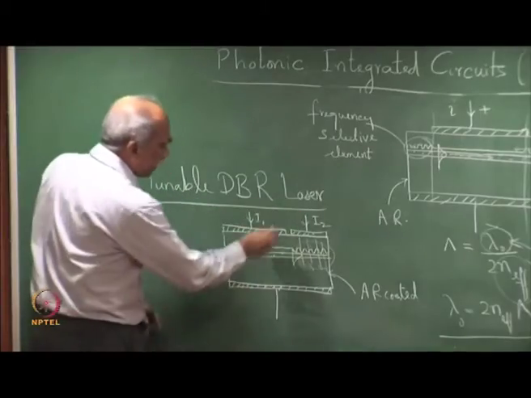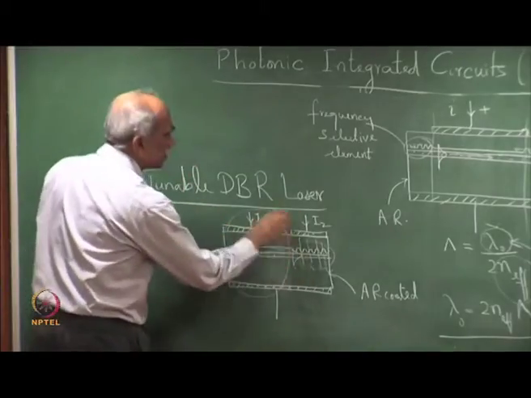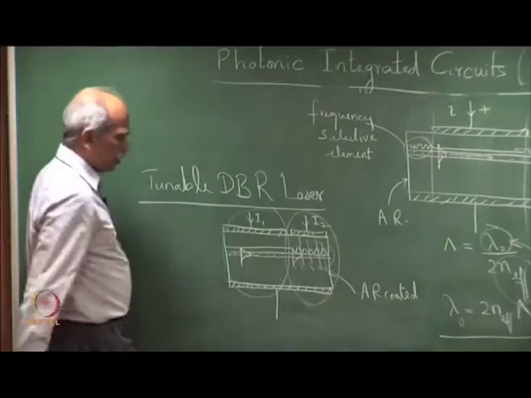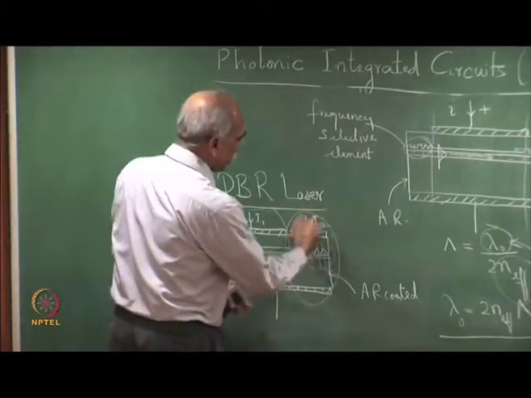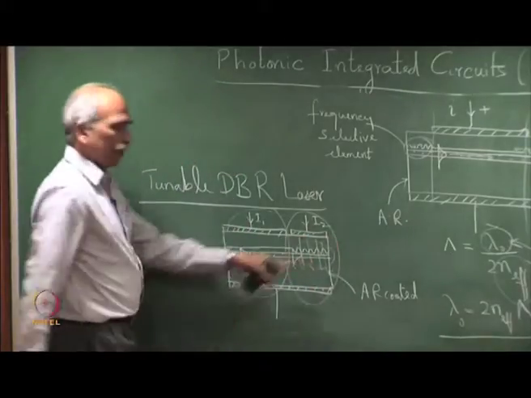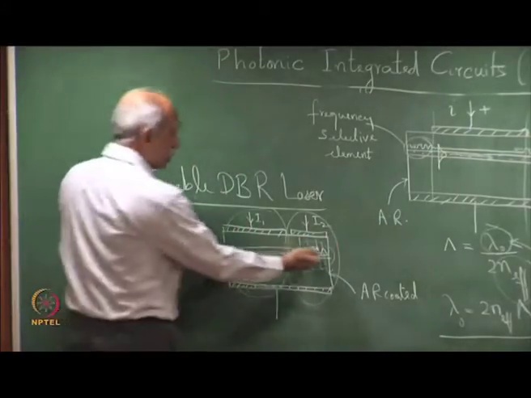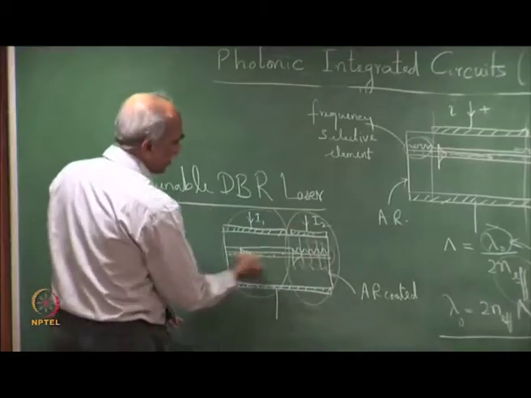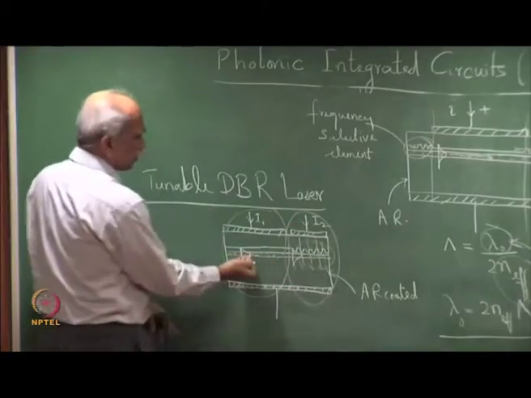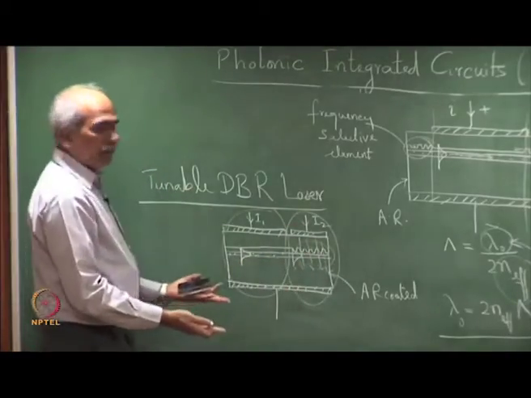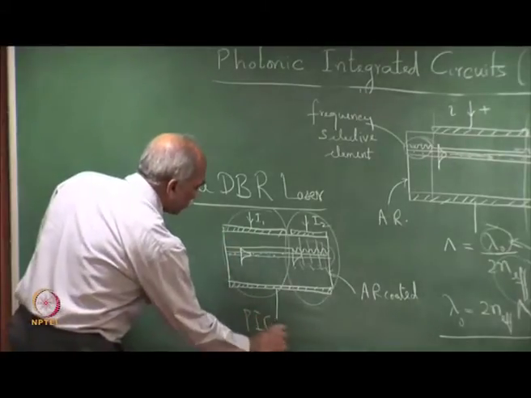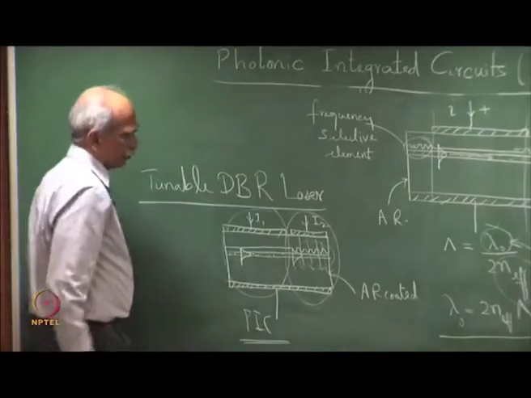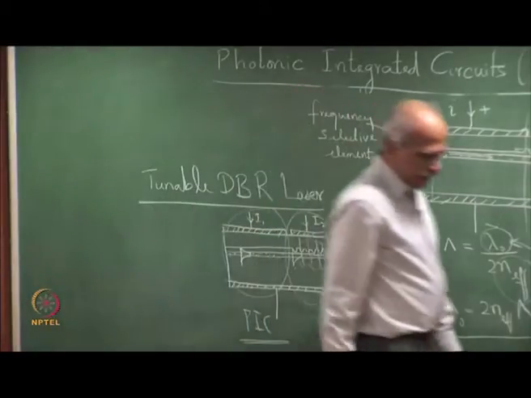Please see that this has two segments, two functional elements. One is the gain region and the second is a frequency selective element. Both are active regions. The frequency selective element is here, and so this is, for example, the simplest PIC, a two element photonic integrated circuit.